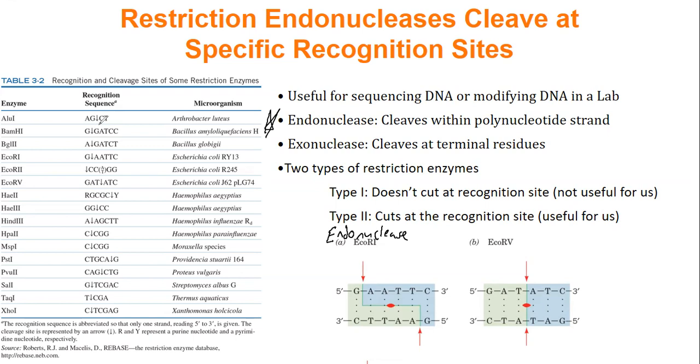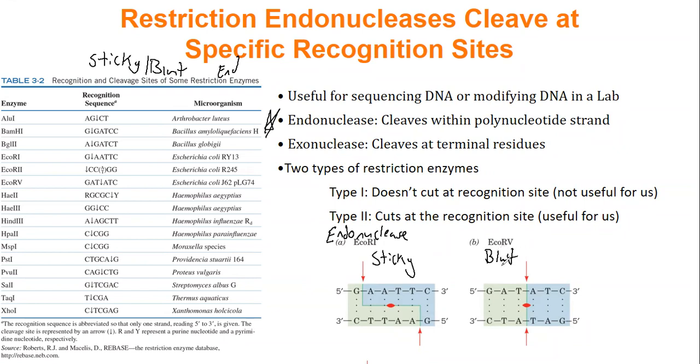And so we have two different types of cuts we can make, called sticky or blunt. So when you make a cut, you either make a sticky end or a blunt end. And I have examples here of a sticky end and a blunt end for ECO-R1, ECO-R5.